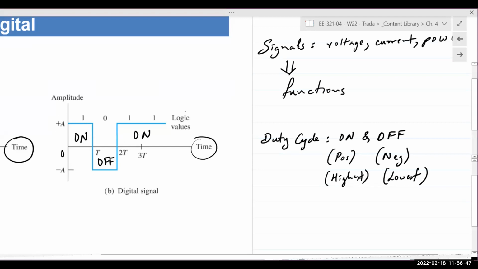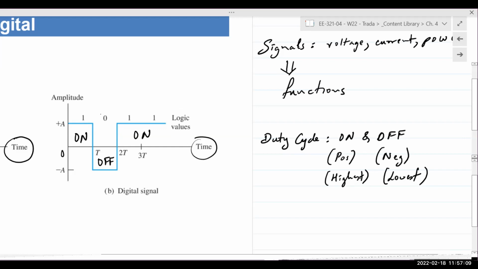So logically speaking, this only has two values, on or off, and those are represented mathematically as 1 and 0.